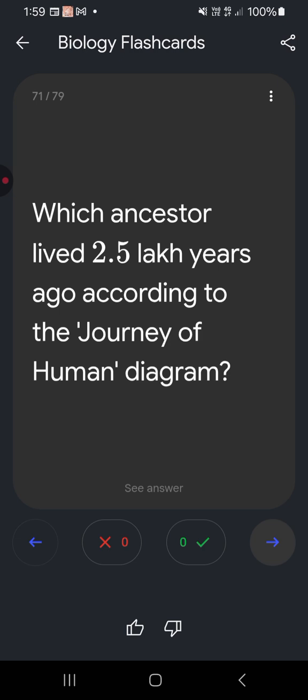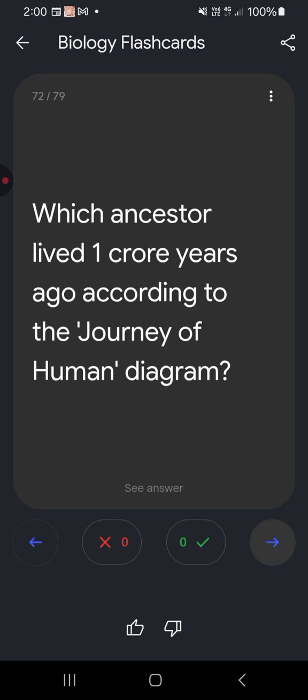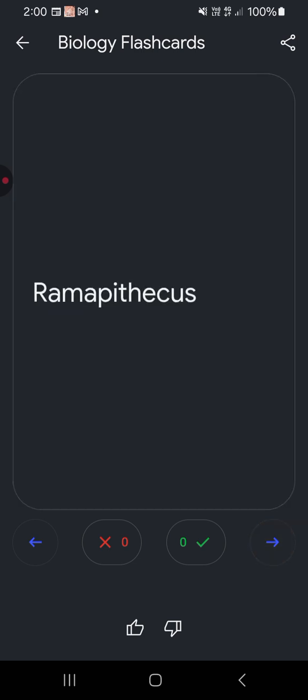Which ancestor lived 2.5 lakh years ago according to the Journey of Human diagram? Dryopithecus. Which ancestor lived 1 crore years ago according to Journey of Human diagram? Ramapithecus.